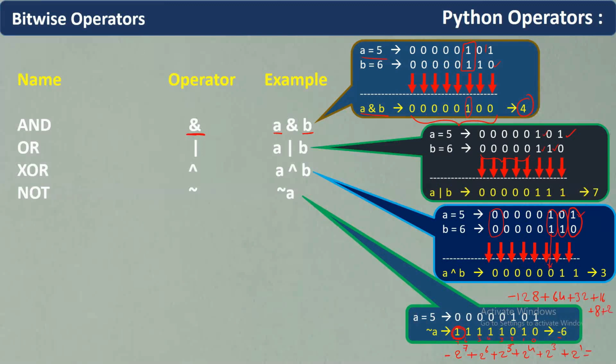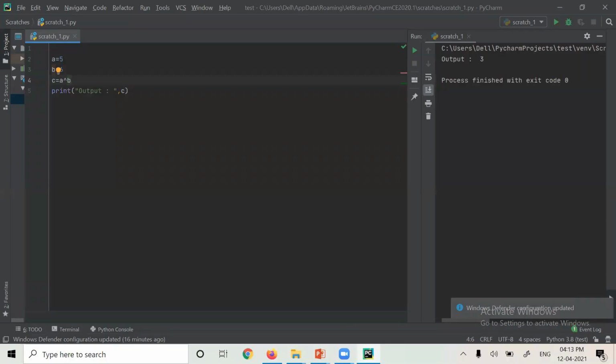You can see 64 plus 32 is 96, 96 plus 16 is 112, 120, 122. So minus 128 plus 122, what are you getting? Minus 6 only. If you have any doubt, just see the conversion procedure of a 2's complement number into decimal. Then you will understand this.